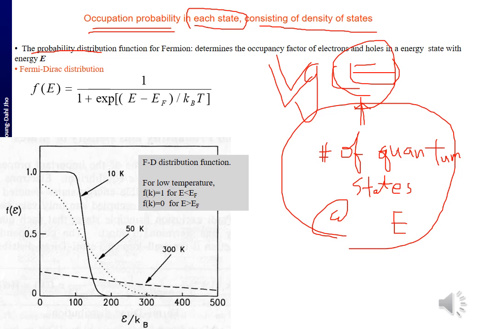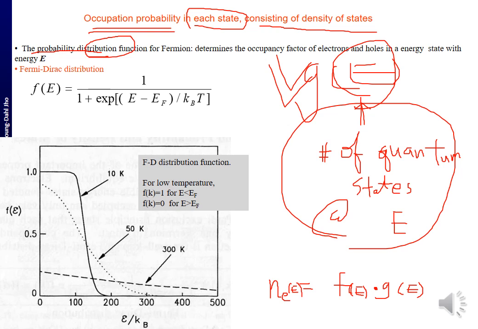That is the distribution function. Okay, and this is actually, in some sense, a simple concept when you consider the number of electrons in certain material. Let's say we consider a certain energy value, then there are quantum states like G(E), and then there is the occupation probability to fill that energy state.